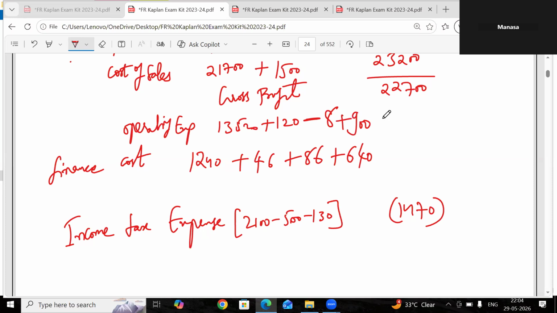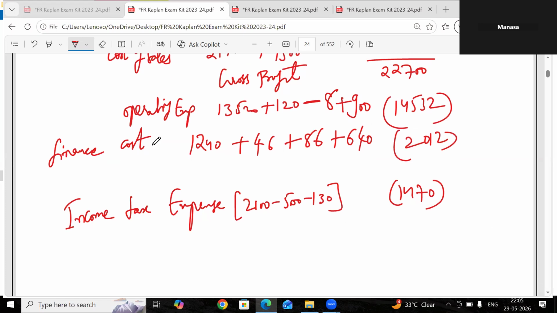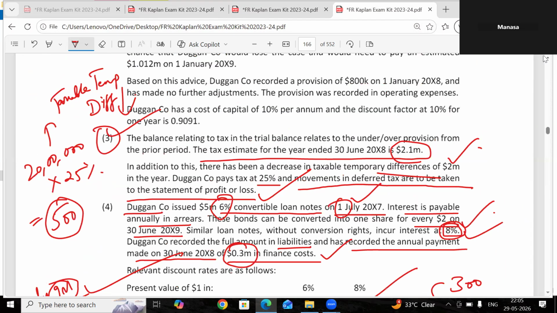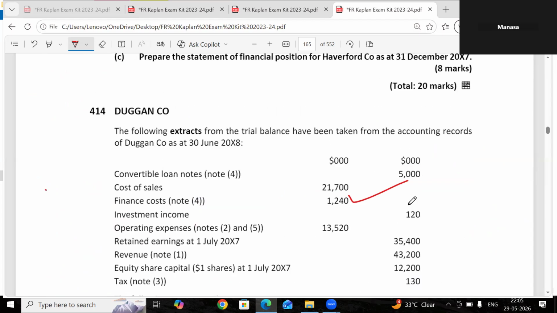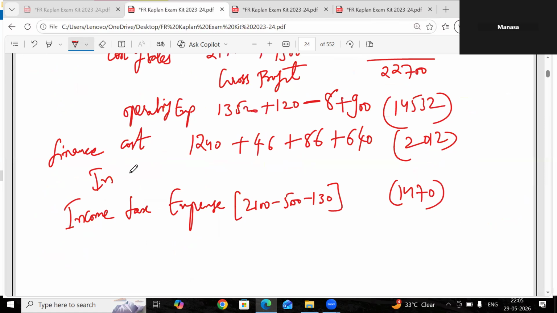Mansa, tell me the totals. Finance cost, sir, 2012. And investment income given in the question is 120.